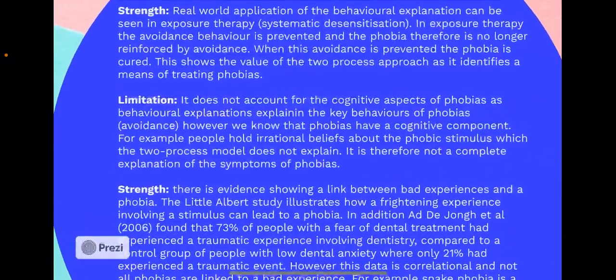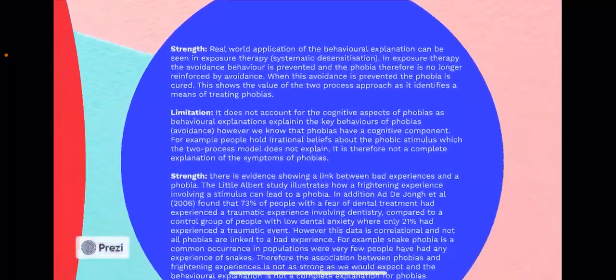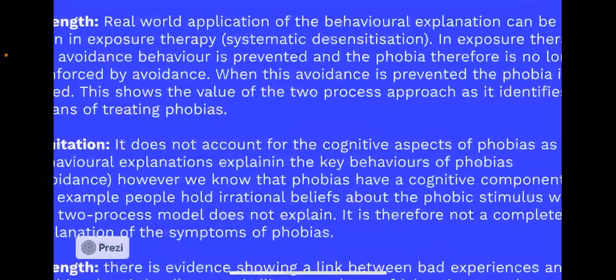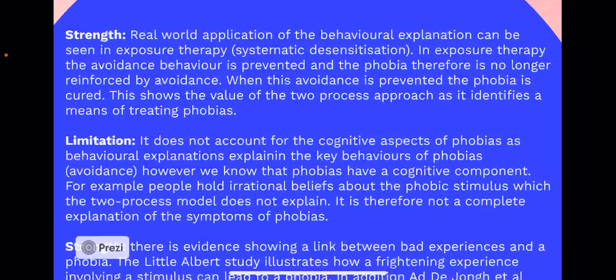In evaluation, real-world application of the behavioural explanation can be seen in exposure therapy, such as systematic desensitisation. In exposure therapy, the avoidance behaviour is prevented and the phobia therefore is no longer reinforced by avoidance. When this avoidance is prevented, the phobia is cured.